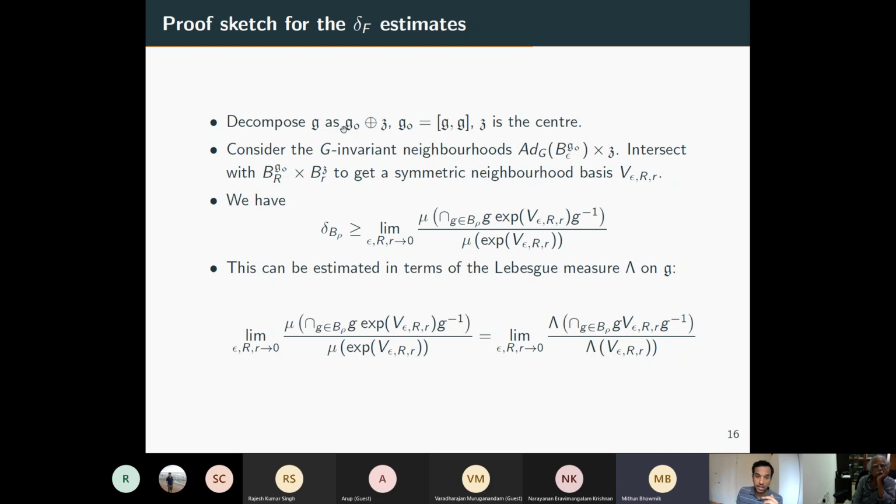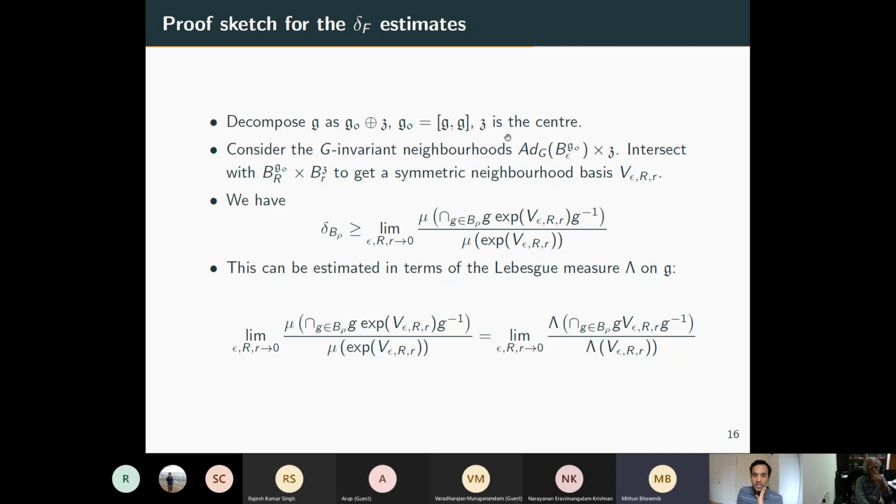So if you decompose your Lie algebra as the sum of the semi-simple part plus some center, you look at these G invariant neighborhoods, these tubes, in the Lie algebra, and you intersect these with some bounded balls of radius r and capital R, to get some sort of symmetric neighborhood basis, which we call V epsilon capital R small r.